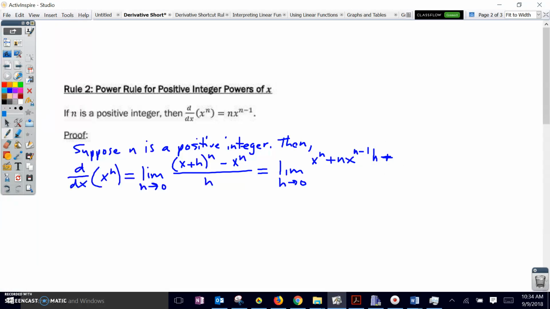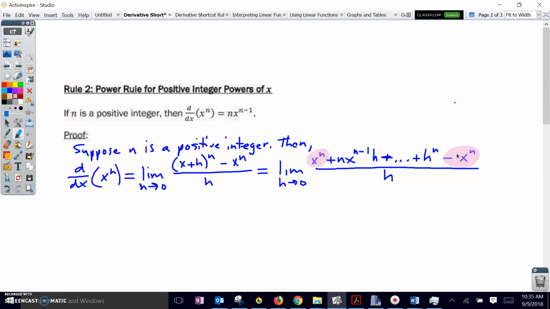plus some other constant times x to the n minus 2 times h squared. We have all these terms in here, all the way down to h to the n power, whatever that power is. And that's the expansion of x plus h to the n. Now notice that we have an x to the n and a minus x to the n.